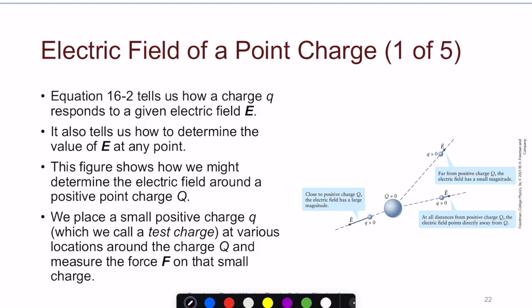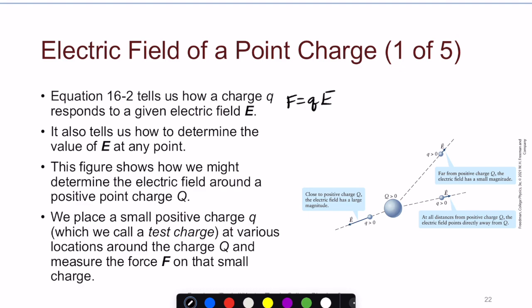We saw in equation 16.2 how a point charge, little q, responds to an electric field that it's sitting in. So it feels a force. If little q is sitting in the vicinity of another charge, that other charge will be producing an electric field, and little q will be feeling a force as a result.